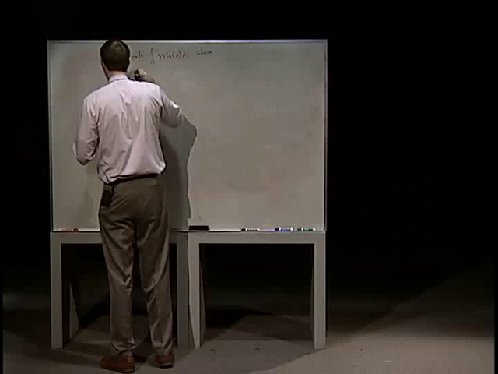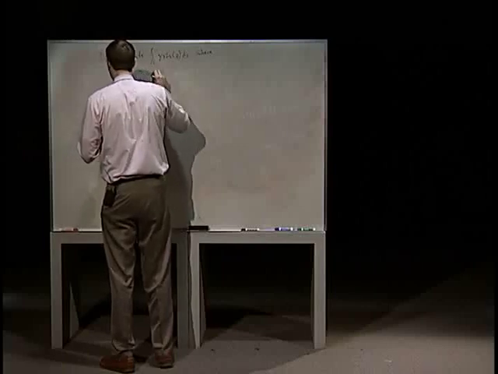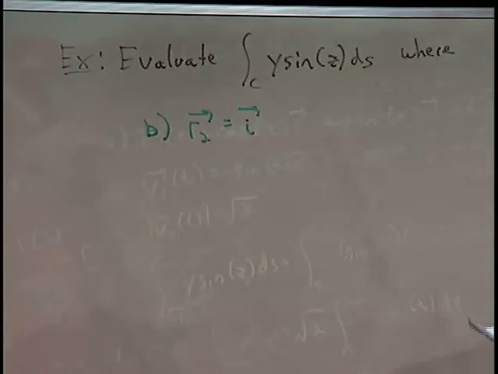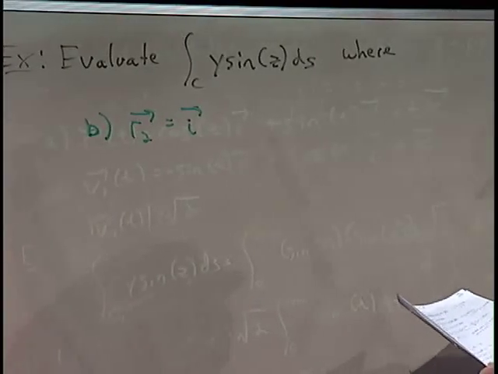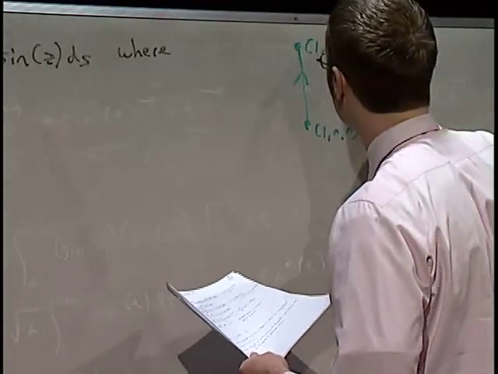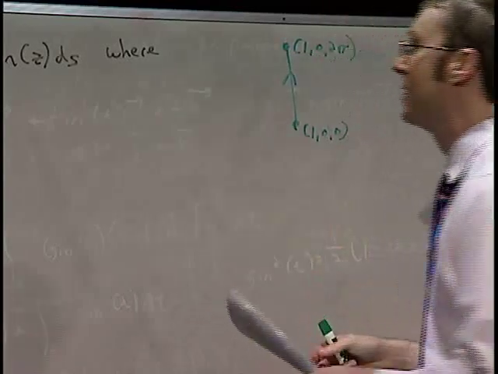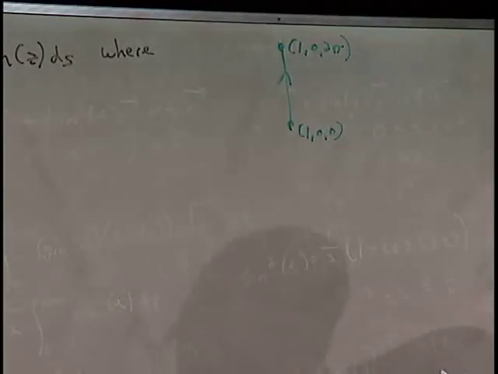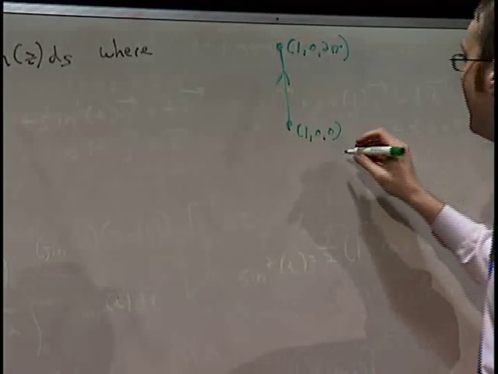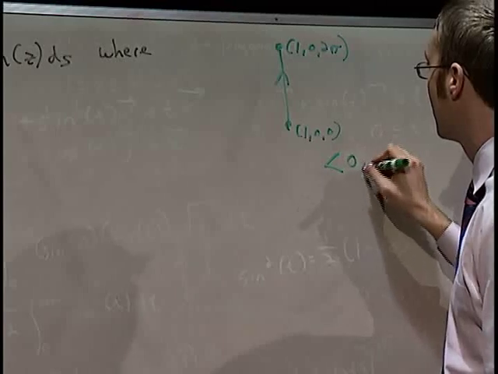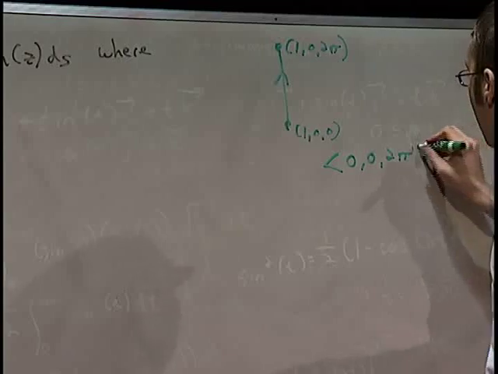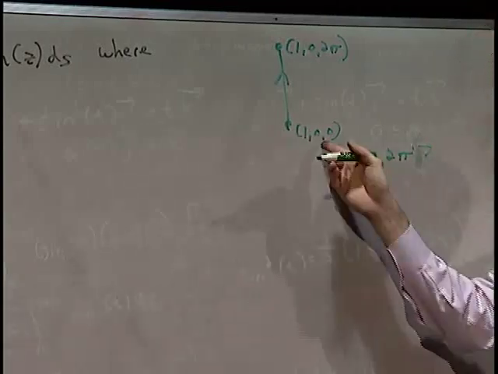All right, so now B. So now we had a parameterization. So we have to parameterize. That's from 1, 0, 0 to 1, 0, 2 pi, right? So the parallel vector is something like 0, 0, 2 pi. Oops, that should be a vector. And we could use any of the points, so this point will work.